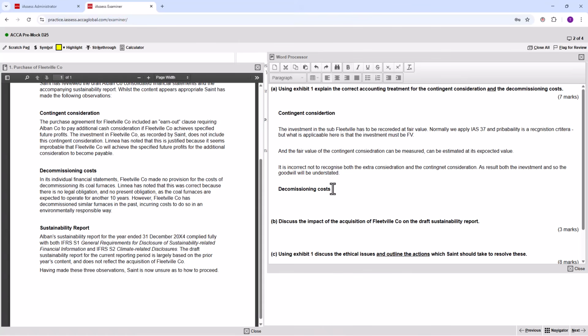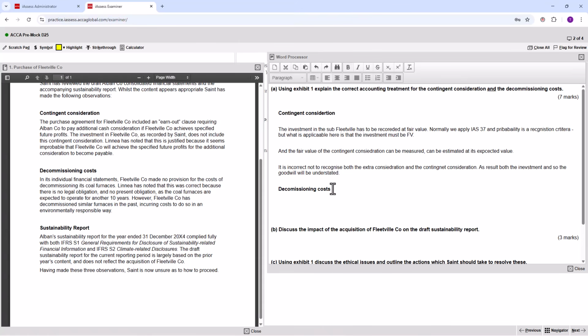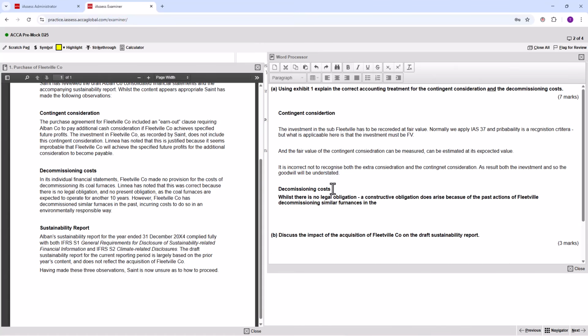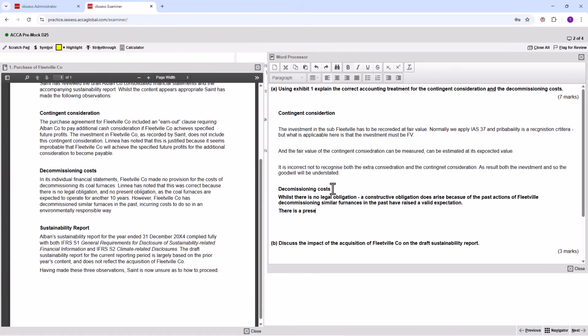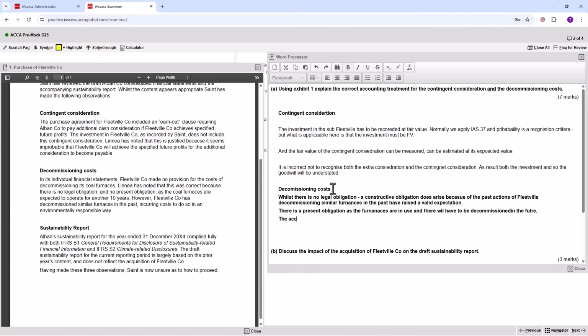So, here goes. What do I say? Whilst there is a constructive obligation, and there is a present obligation, because the furnaces are in use and therefore will have to be decommissioned in the future. So the accounting is to recognise in full.